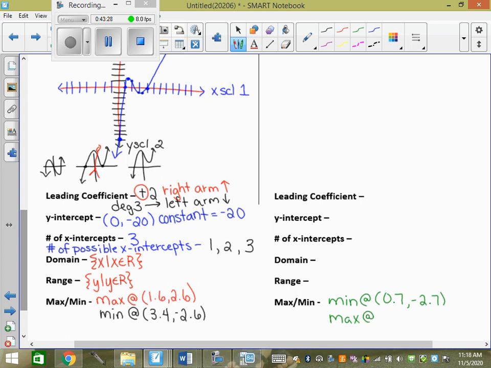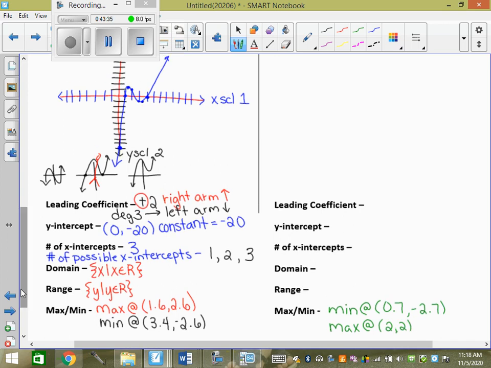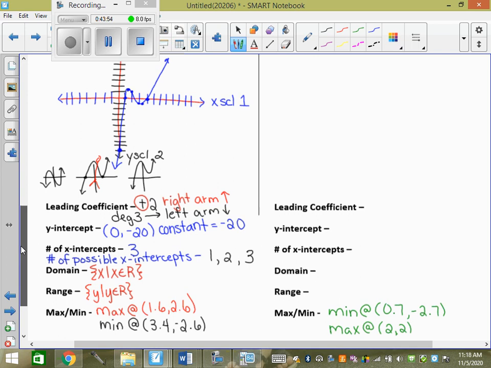And a maximum at 2, 2. If you kept the decimal 0.6666, that's more accurate. But if you put 0.66 and then the line, that would be okay. But they might sometimes ask you for the x of the minimum to the nearest tenth, and then you have to say 0.7. Yep, you're right.